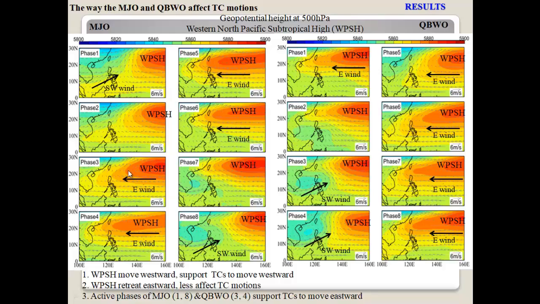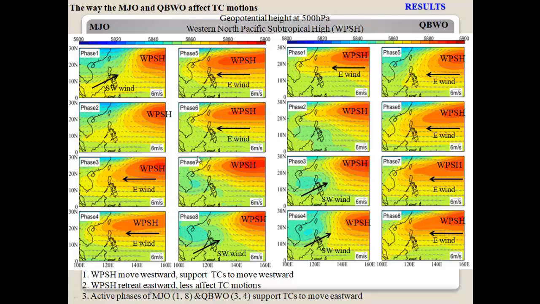But in the inactive phase, the weak phase of MJO, phase 3, 4, 5, 6, the WPSH tends to extend westward, so the east wind is very strong in this case. On the other hand, in the weak phase of MJO the southwest wind is very weak.